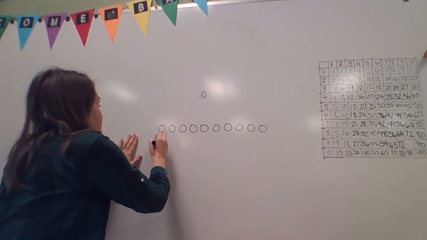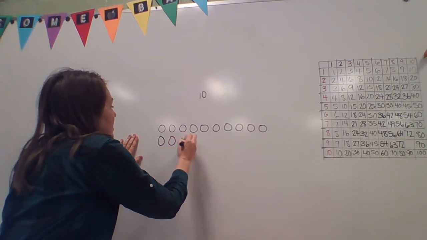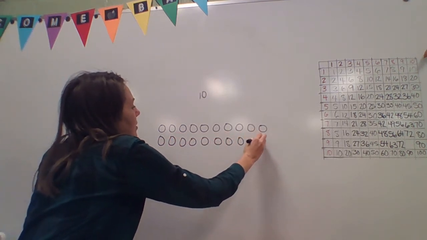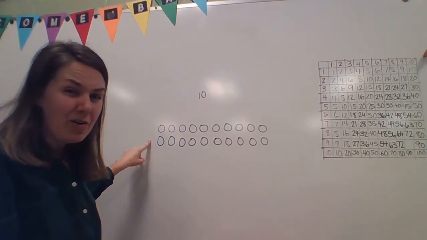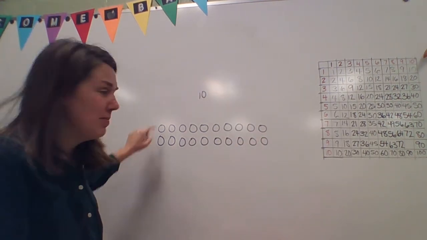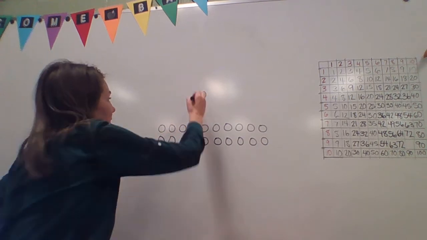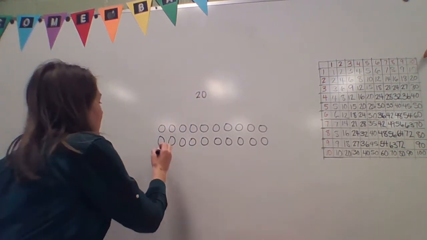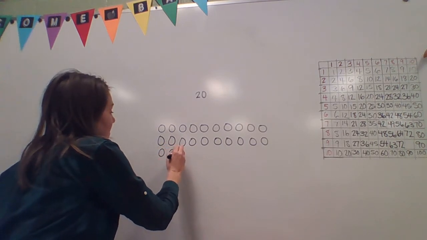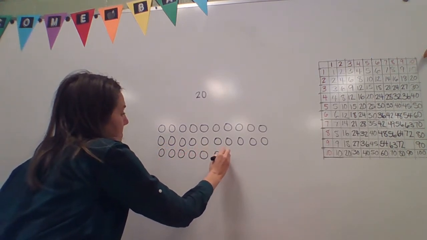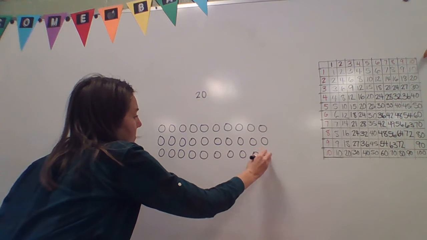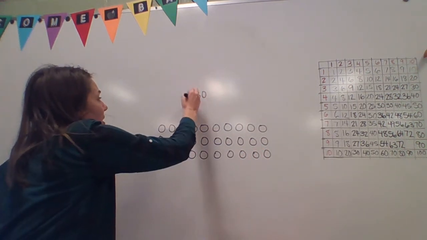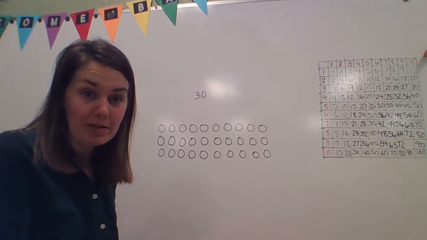If I added a second row of pumpkins, I'm still going to have 10 pumpkins in the row, but now instead of 10 pumpkins, I now have 20 pumpkins, right? If I had 3 rows of pumpkins, I still have 10 in my 3rd row, but now I have 30 total pumpkins.